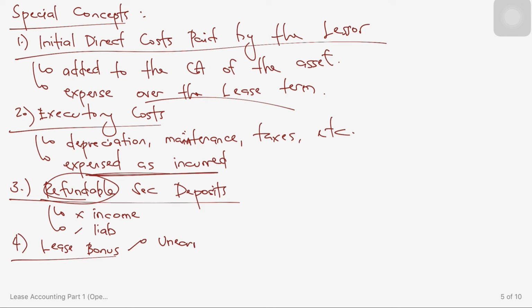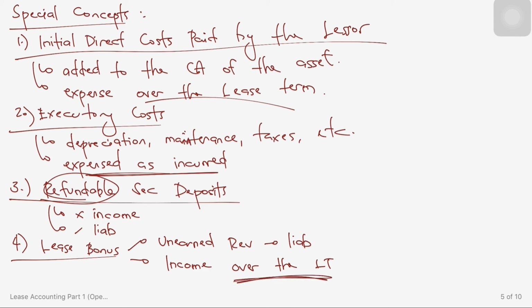These are treated as unearned revenue. Okay? Ibig sabihin ng unearned revenue, liability po ito. And then, these are recognized as income. Again, these are recognized as income over what? Over the lease term. So, ililipat rin naman natin sila sa income, pero not outright. Right? I-amortize natin sila over the lease term.